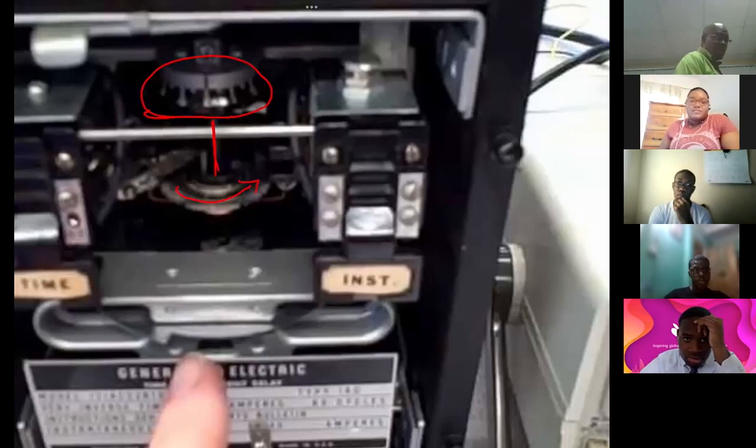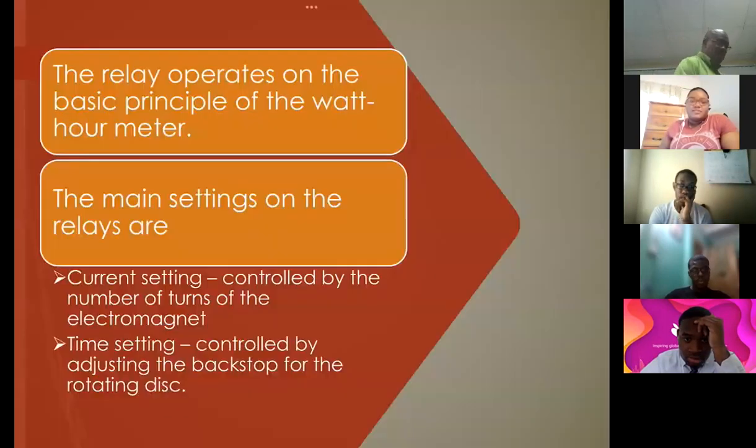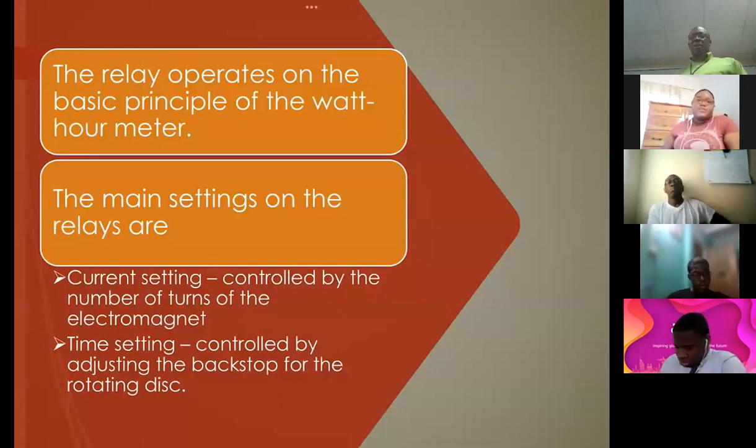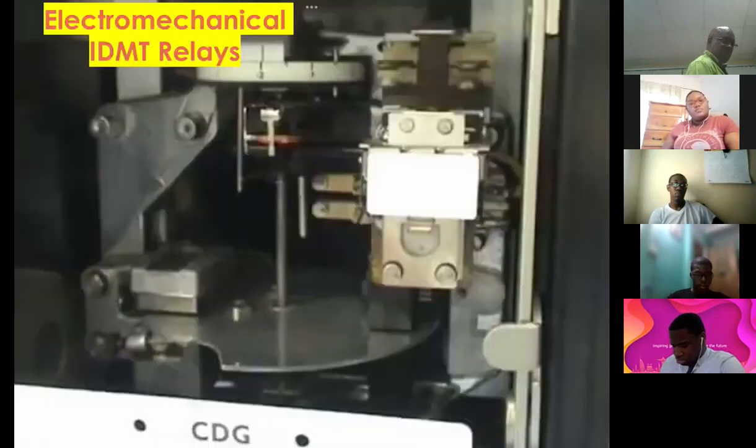Anyway, this is what it looks like. Let me go back to the point though. We already said it, so it's nothing new. We know that the electromechanical works like the watt-hour meter. The larger the current, the faster the disk is going to turn. So you have the disk, which is going to turn much faster the higher the current.